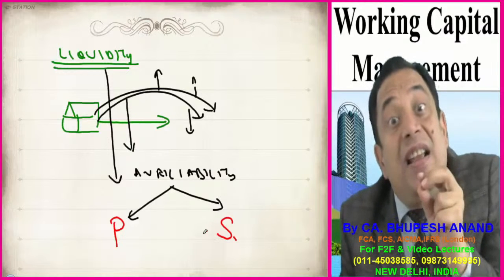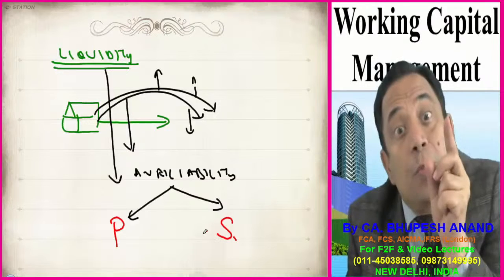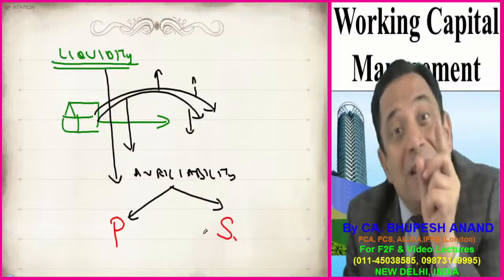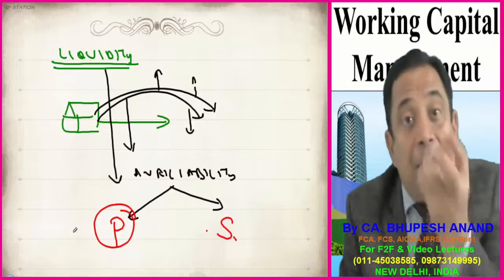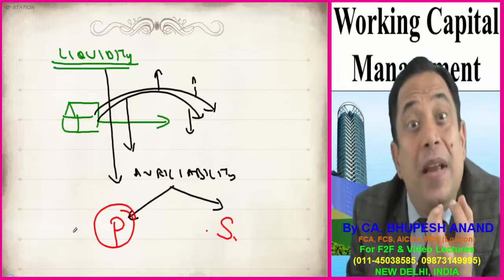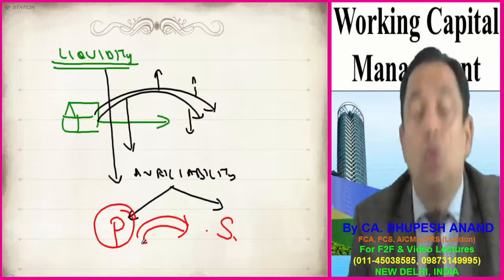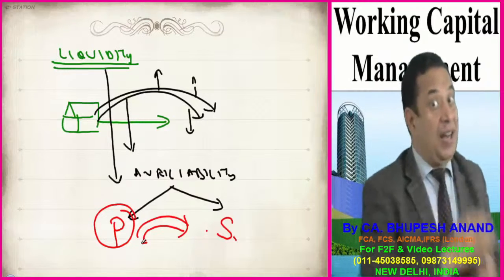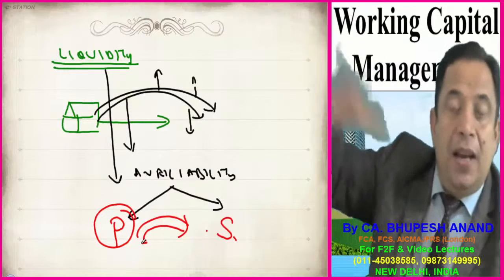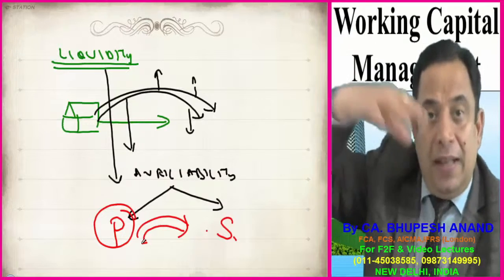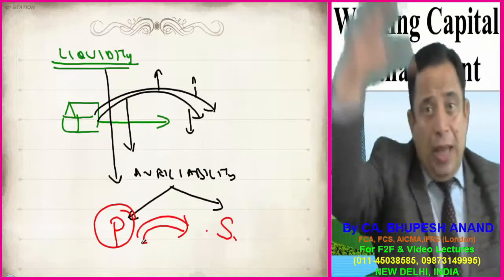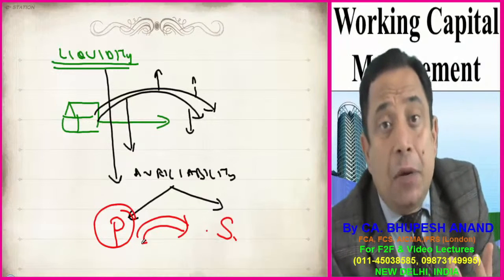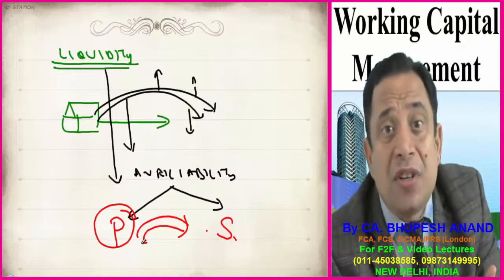And secondary is not your main source; in urgency, in emergency, because you require something, because primary sources are not working properly, then only you will go to the secondary source. For example, in case of Kingfisher Airlines, if cash is coming from the trips of those aeroplanes, that is operating activity. But because cash is not coming, there is a liquidity position problem in the case of Kingfisher Airlines.